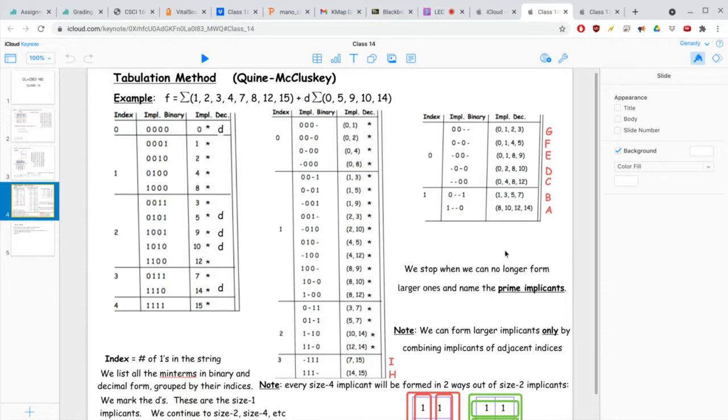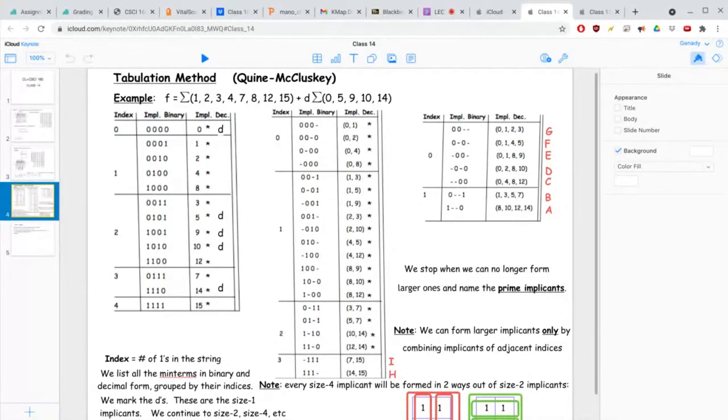Essential means that all minimal forms will have them. And that means that with this tabulation method, you get all of the prime implicants, whether they're essential or not, meaning that all of them, from A through I, will be in at least one minimal form.